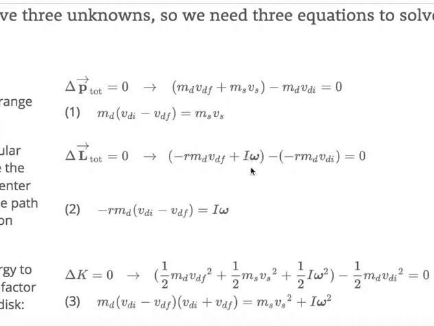This term, this I omega, was this MsVs. And so they rearranged it. And again, it's mass times change of velocity times radius, and it's a negative because the disk lost angular momentum and the object picked up angular momentum.